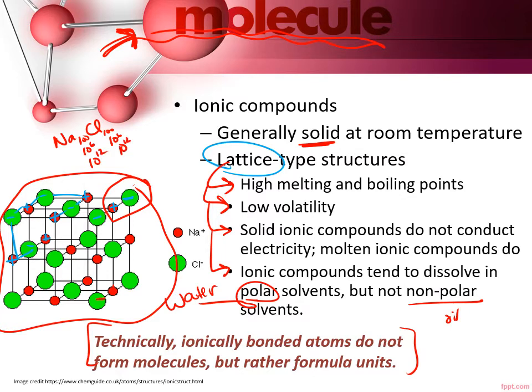We're going to have some crazy large number of ions stuck in this lattice structure, but the ratio will always be 1 to 1, and so we talk about the formula unit. The formula unit of an ionic compound will be that lowest ratio of the particles. So for sodium chloride, Na1 to Cl1, even though we would never have just one sodium ion and one chloride ion.